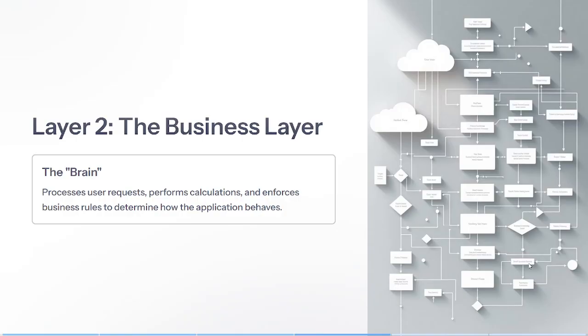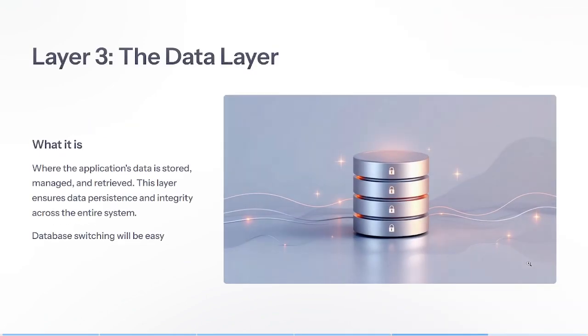So let's move on to the last one, which is the data layer. We said a bank program, right? In this program, we want to store our clients, our customers, in a database.